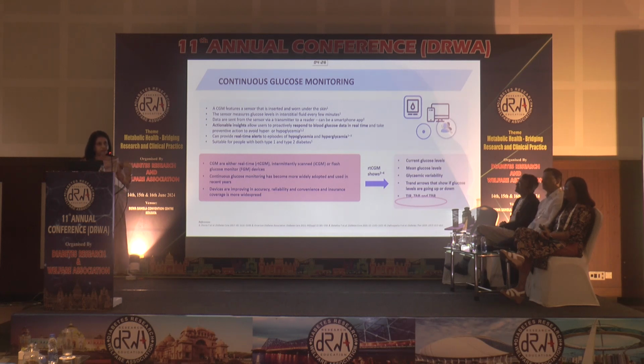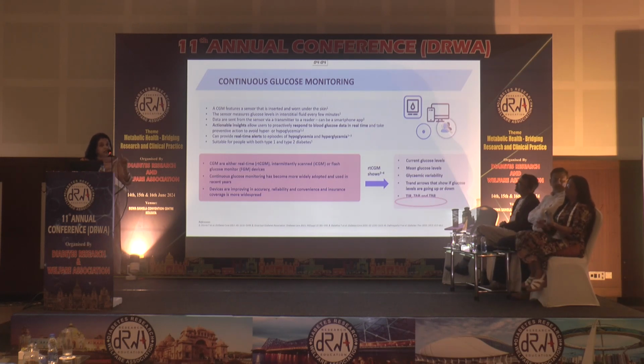It can transmit to the reader, to the pump, and to the app in your phone. Patients can download the app, and when they bring their phone next to their sensor, it tells you the sugar. Or they can buy a reader, and it will tell you the sugar.